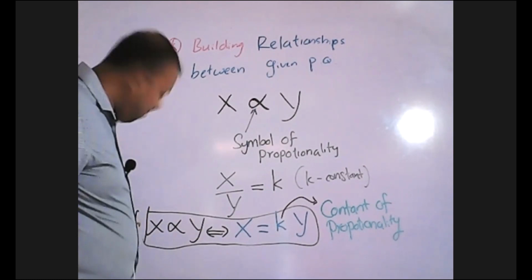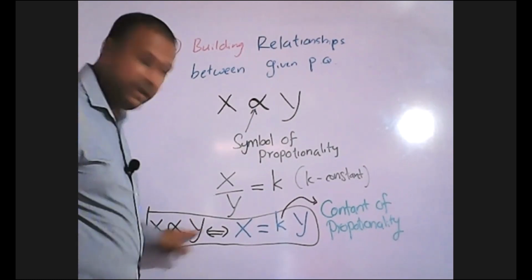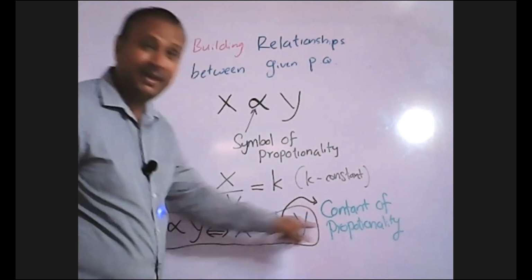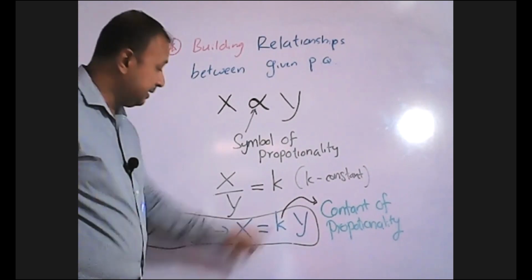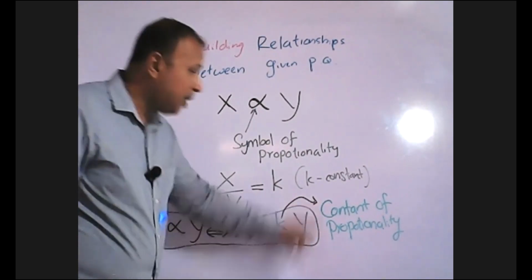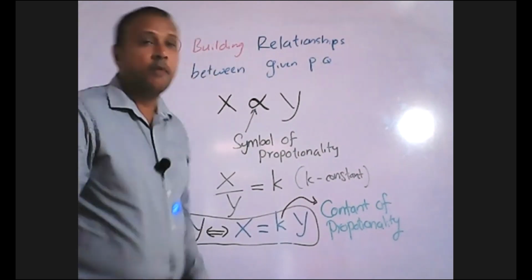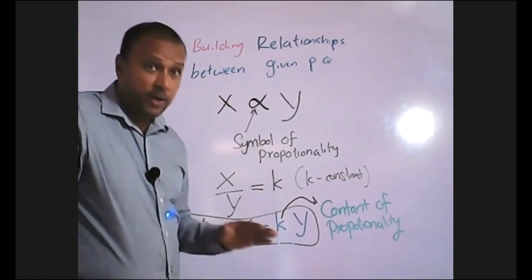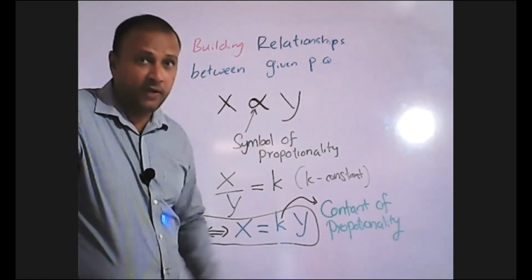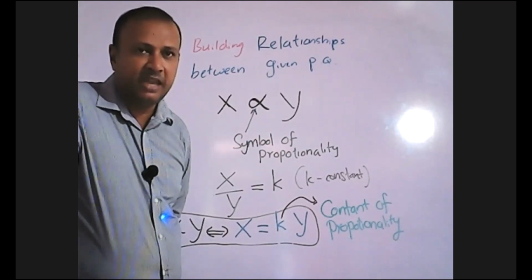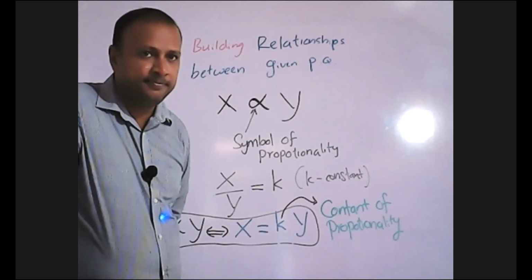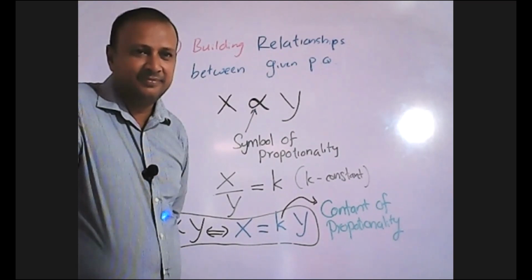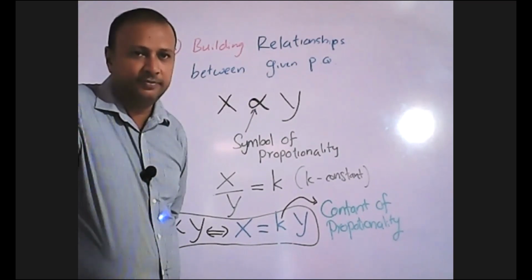This constant is called the constant of proportionality or proportional constant. Do you understand this? Everyone? Give me a response. Yes, sir. Very good.